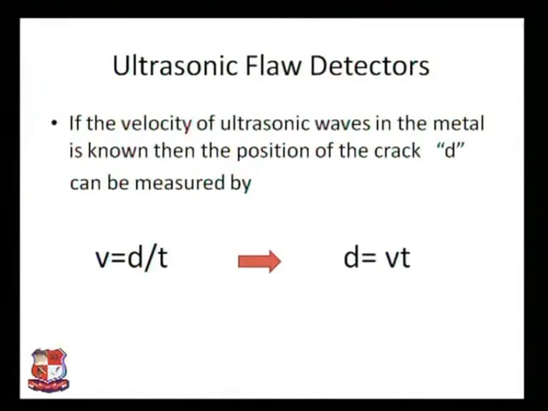You know that if the velocity of ultrasonic waves is V, and the position of the crack in the metal is D, we can measure the time interval T by the timer circuit. If you know V, the velocity of ultrasonic waves, and T, the time interval of transmitting and receiving, you can definitely calculate the distance, or location, of that defect.